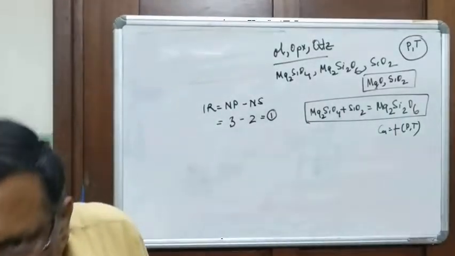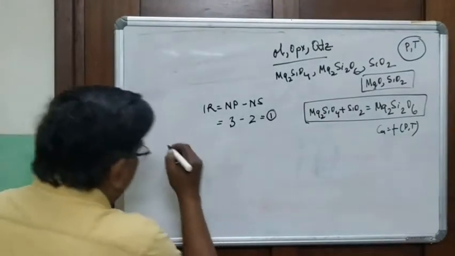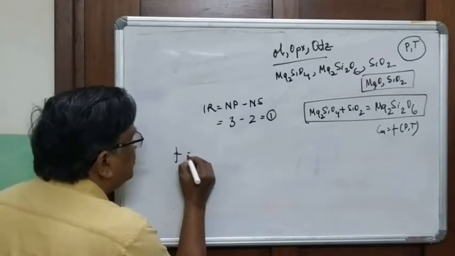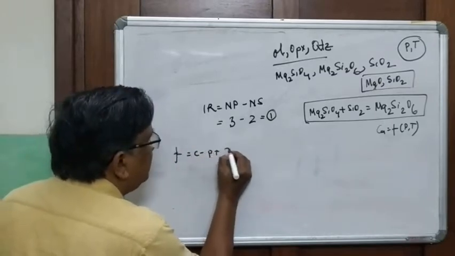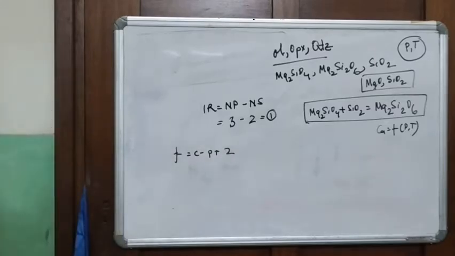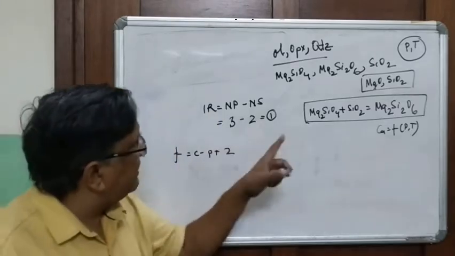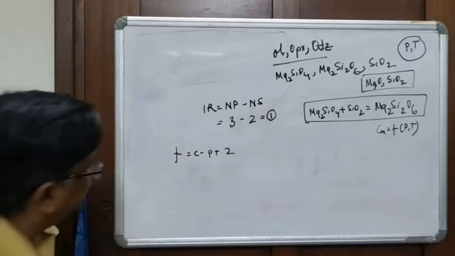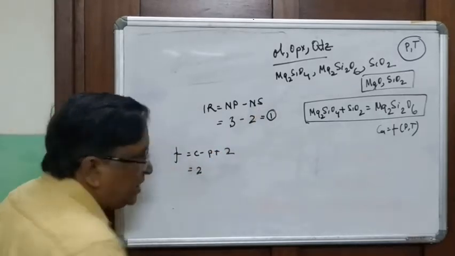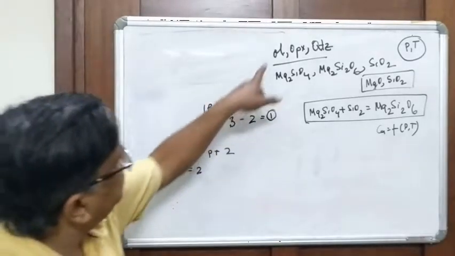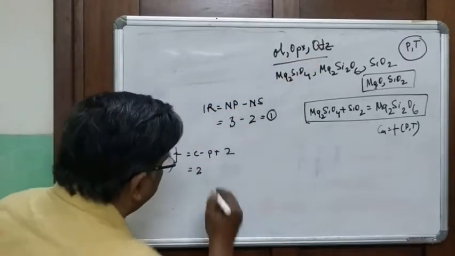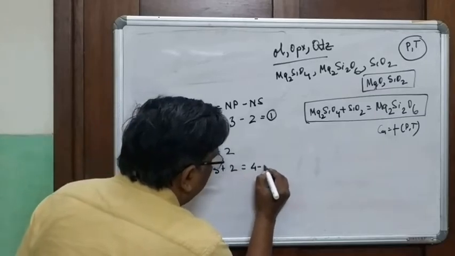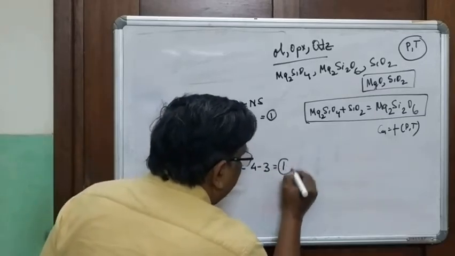Let's see what the Gibbs phase rule says for this. The Gibbs phase rule says F is equal to C minus P plus 2. C is the number of system components, and NS and C here are the same. So we have 2, plus 2, minus the number of phases, olivine, orthopyroxene, quartz, which is 3. So that's 4 minus 3, which is equal to 1.